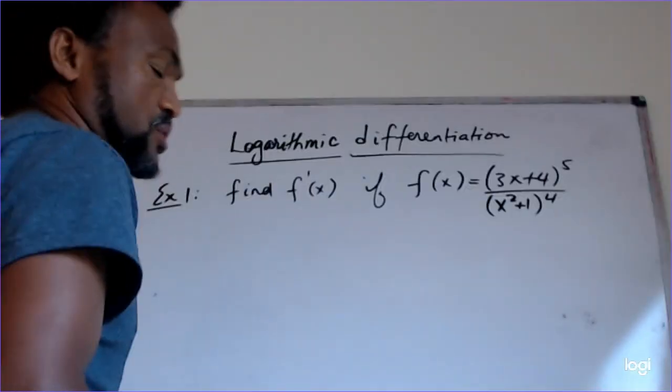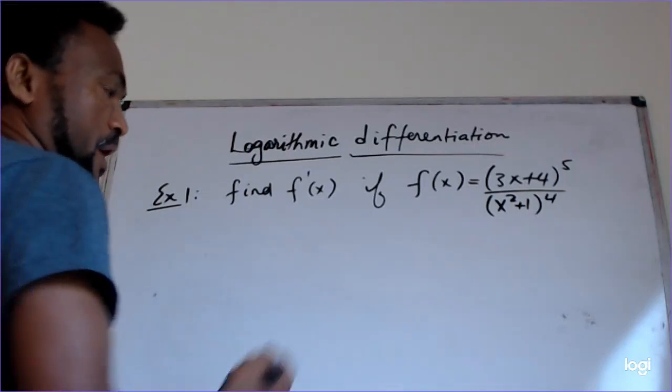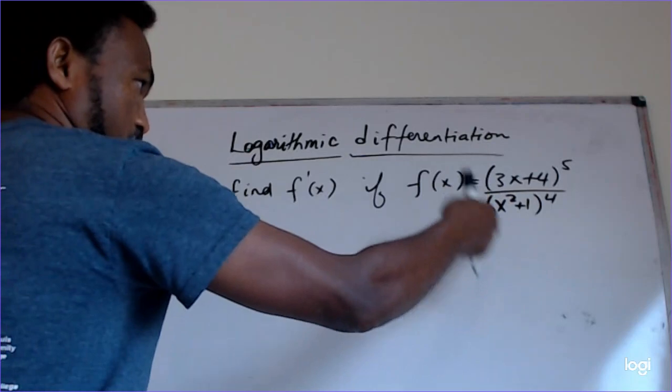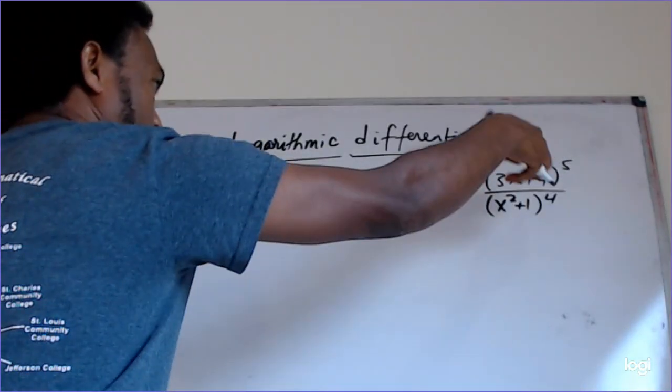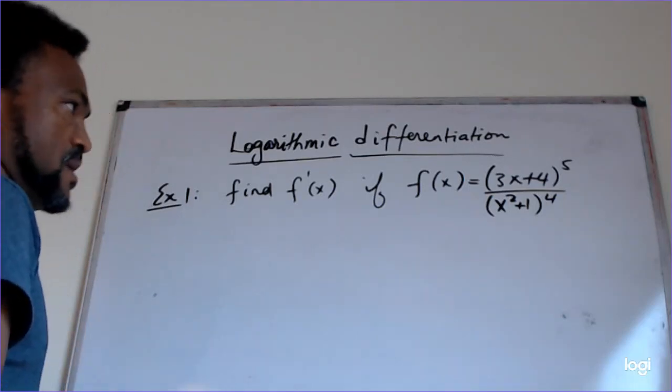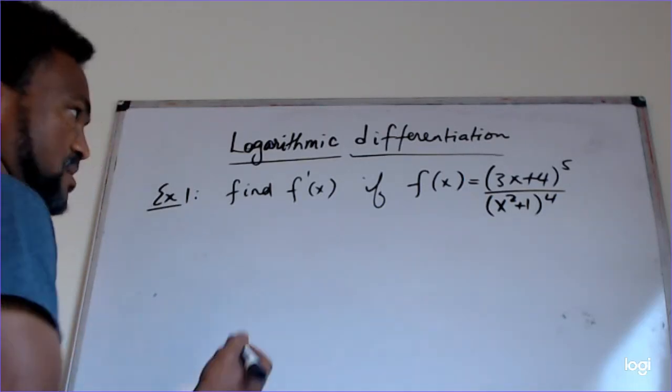So you can see this is a rational function, and I can use the quotient rule or even the product rule if I put the denominator in the numerator by putting -4 as the exponent. I could do that, but logarithmic differentiation will make it easy.